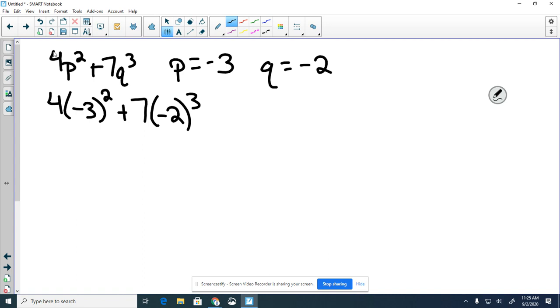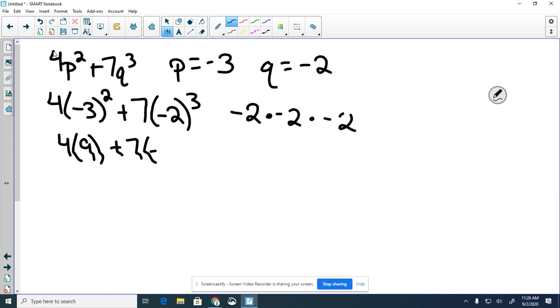Negative 3 squared means negative 3 times negative 3, which turns into positive 9. Then we add negative 2 quantity cubed, this means I'm doing negative 2 times negative 2 times negative 2. Negative 2 times negative 2 is positive 4. Positive 4 times negative 2 is negative 8. So this can be replaced with negative 8.